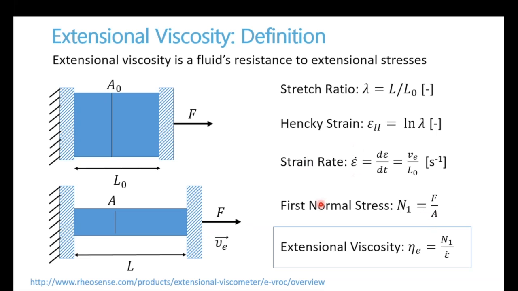With those, you are also going to measure the force required to stretch this fluid, or the resistance to the extensional flow of your fluid, and that's going to give you your first normal stress, which is the force divided by the cross-sectional area. And very similar to shear viscosity, the ratio of the first normal stress to the strain rate is going to give you your extensional viscosity.